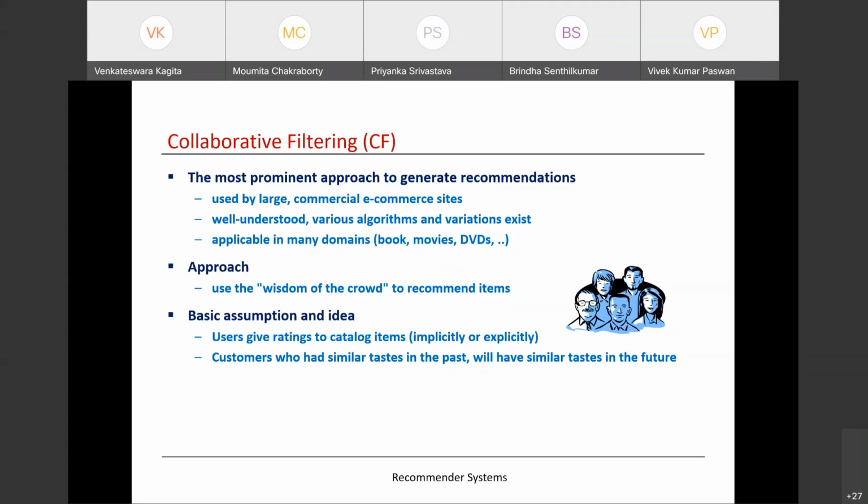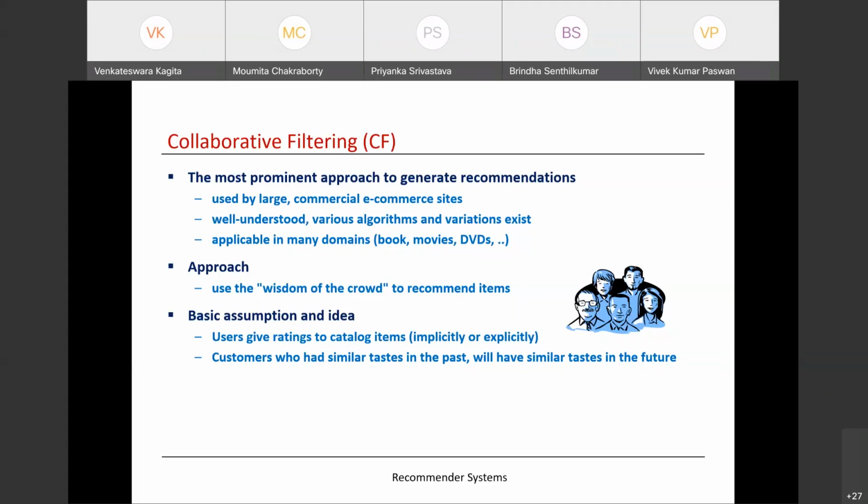Okay, so what are these implicit and explicit ratings, right? So let us try to see that with examples. Explicit rating means when you purchase some item, it asks you for the rating. Okay, like, would you like to give 3 stars or 4 stars, 5 stars, 2 stars, 1 star? Okay, you might have rated some items in some e-commerce sites. This is explicit rating, right?